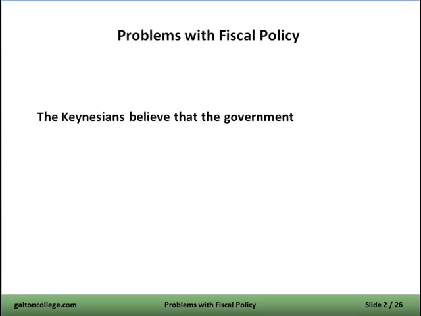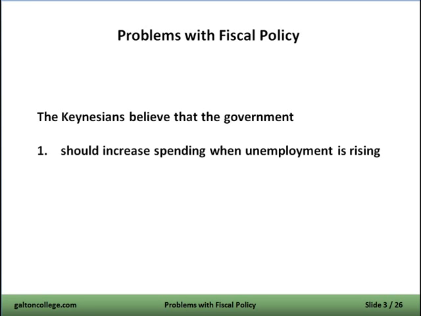So the Keynesians were concerned that the government should use fiscal policy and should intervene with increased spending when unemployment was rising. So the primary concern of Keynes was to control unemployment.